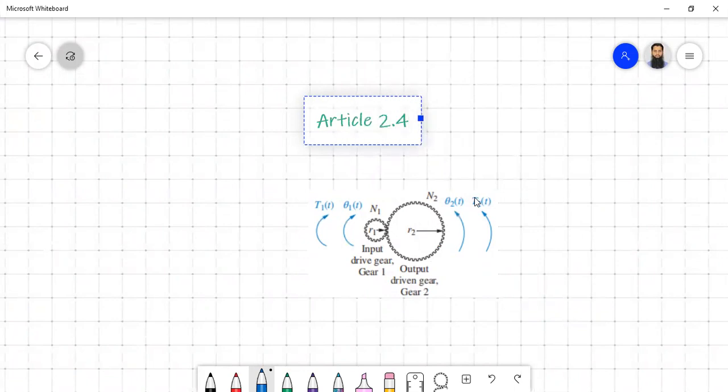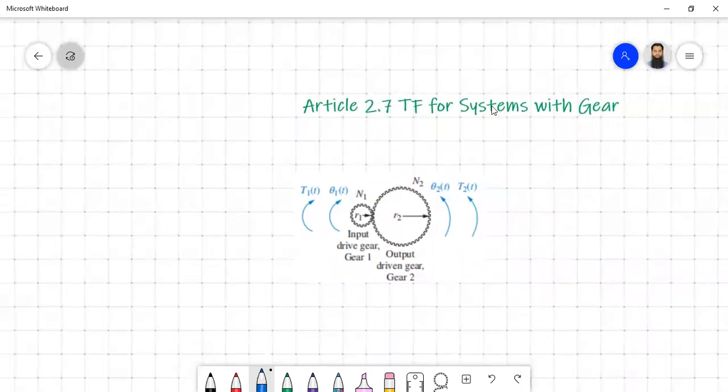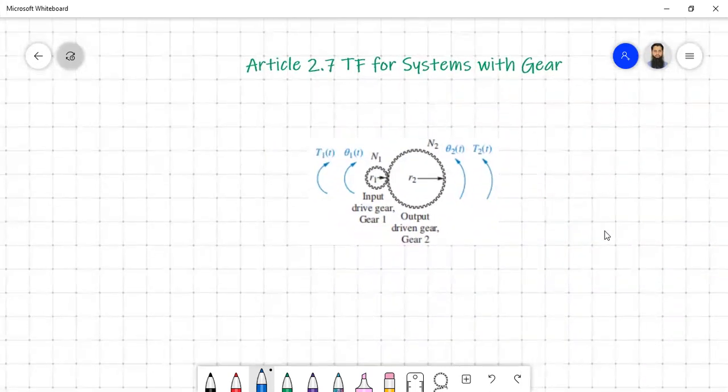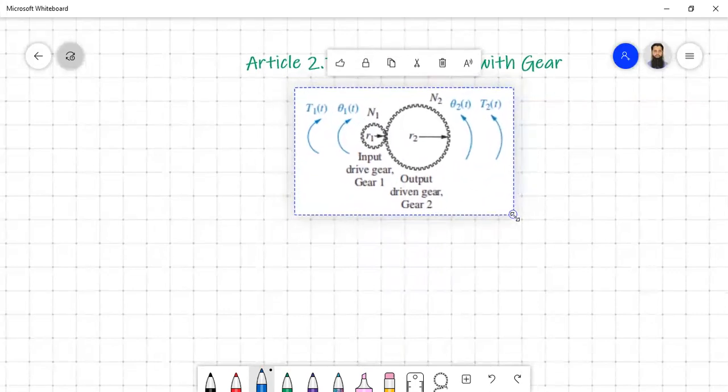Article 2.7, transfer function for systems with gears. Okay, so this is your Article 2.7, and gears are being shown here.